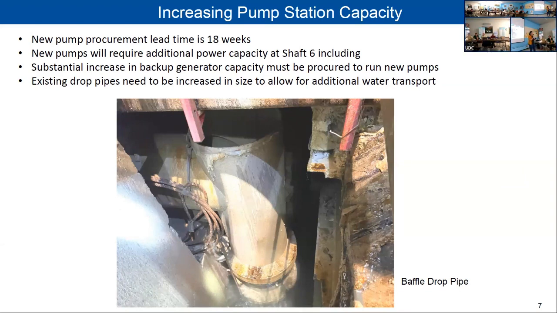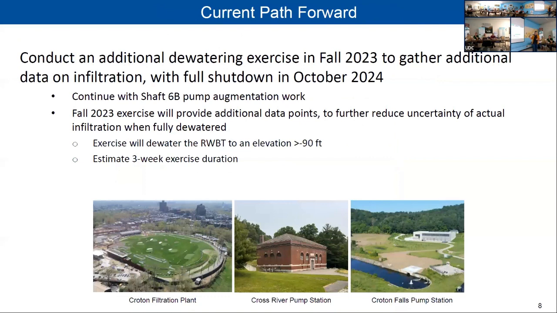We thought we would just be able to dewater, turn the pumps off, and leave them off. Now they need to be available during the entire shutdown, which is going to require more power. And we need the appropriate amount of backup power in the event of some sort of electrical outage. We need proper generation to run these pumps. So we're going to do this again.